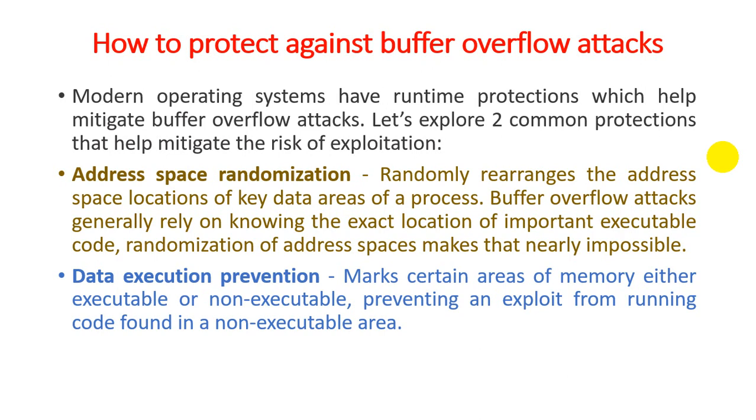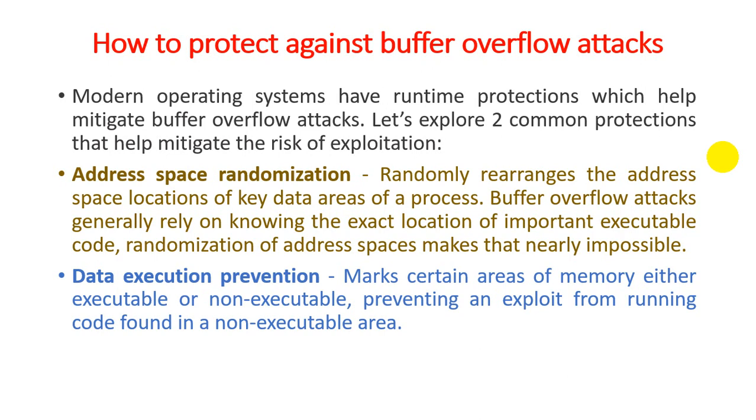Second, data execution prevention, which marks certain areas of memory as either executable or non-executable. Like if we are installing some software, it must be allocated to this particular area. Means on memory we differentiate two sections. The first section is used for processing purposes. The second section is used only for executable software.